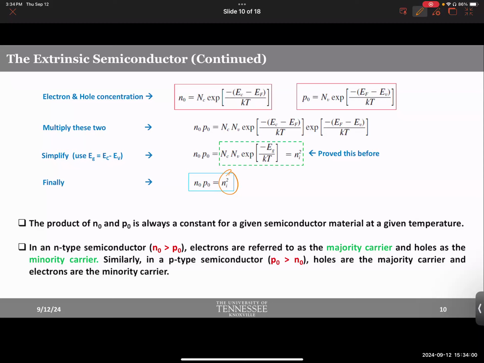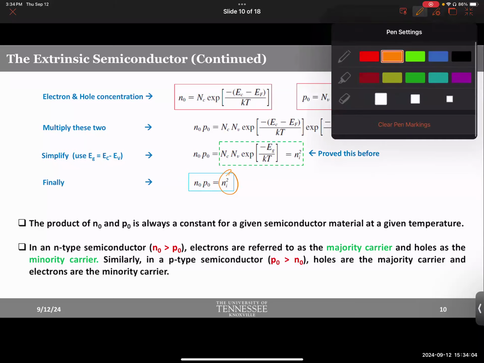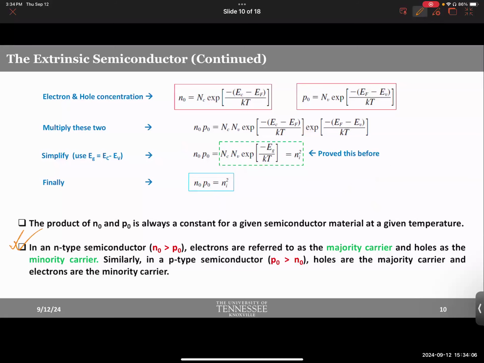The holes will be known as the minority carrier in that case. So that's what the second point tells you. When you have more N0 in a system, electrons are called the majority carrier and holes are the minority carrier. On the other hand, when you have higher P0 than N0, holes will be the majority carrier and electrons will be the minority carrier. And the majority carriers will determine the type of semiconductor.